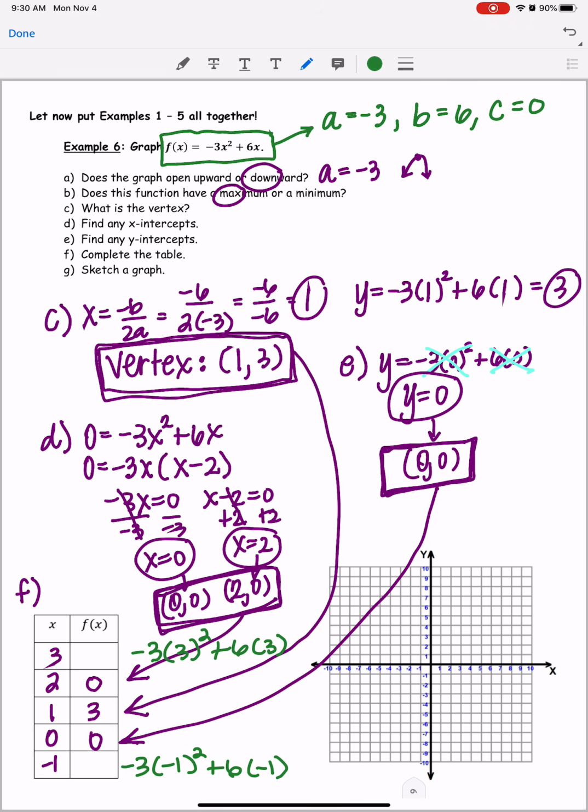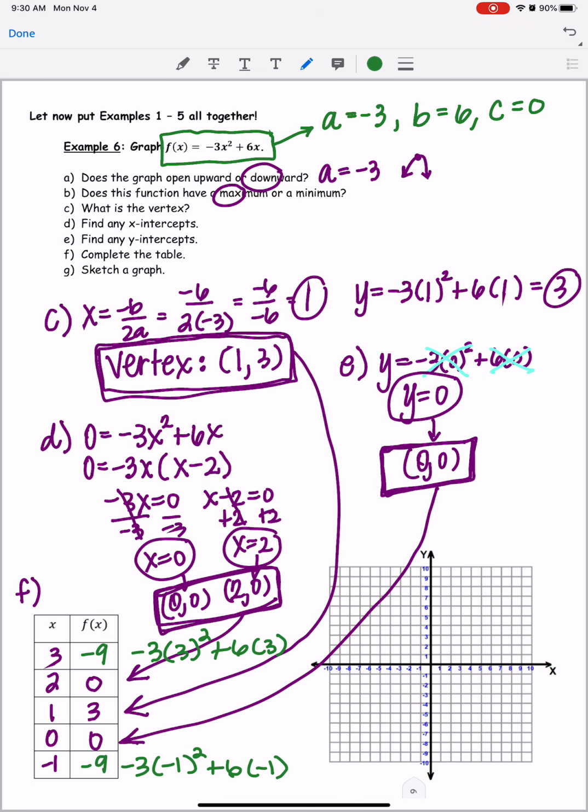Parentheses are nice and helpful. So with both of those, when we plug that in, we get negative 9. And by the way, if you're just putting this in your calculator and getting the negative 9, you can know that this needs to be negative 9, but it does help if you put this in your calculator. That's a really good way to check and make sure you've done it right.